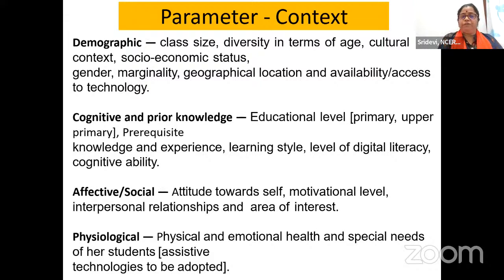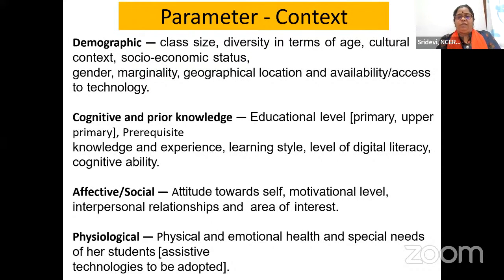Next one is affective or social. Attitude towards self is very important. Every individual should have a very positive, favorable attitude towards one's own self first, along with their motivational level, interpersonal relationships, and areas of interest. As a teacher, I need to understand this. Unless I understand that, I may not be able to take certain steps to improve these things among the children.